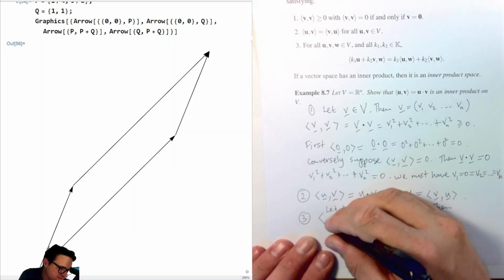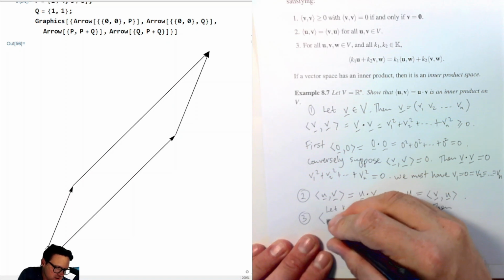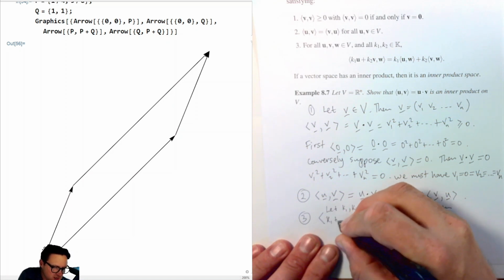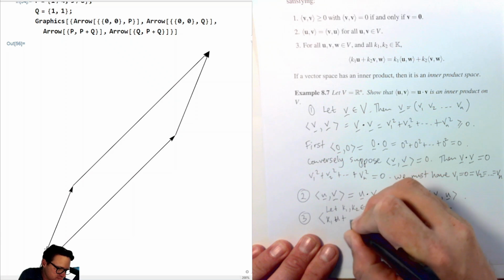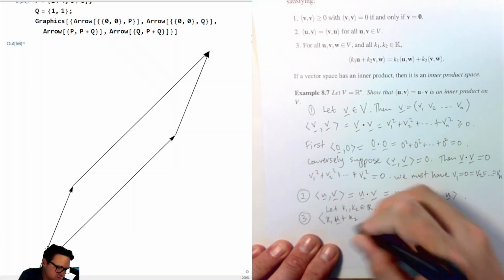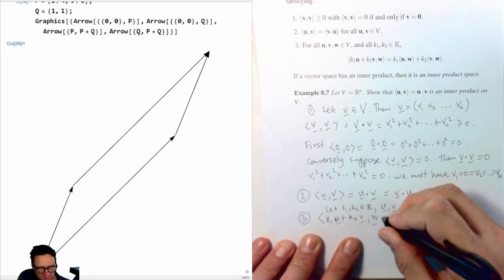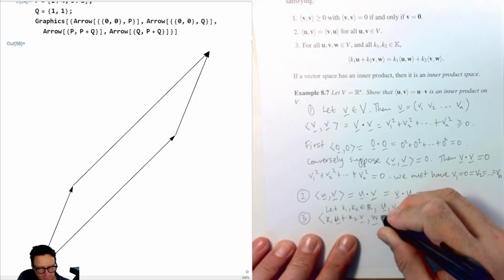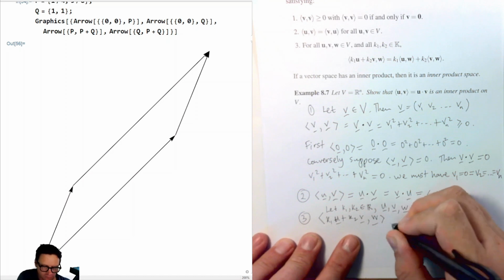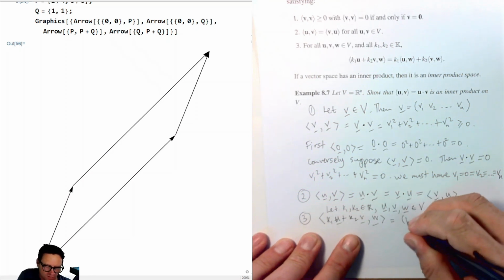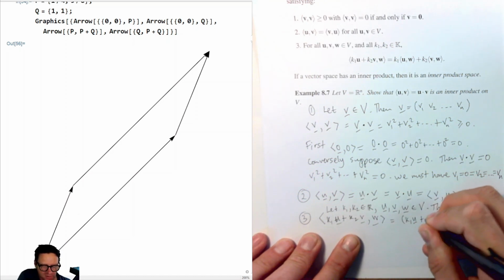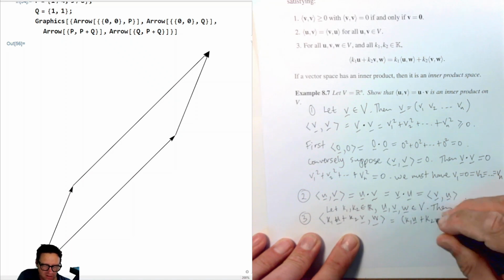So then what we have is k1u plus k2v inner product with w, which is the dot product of k1u plus k2v with w.